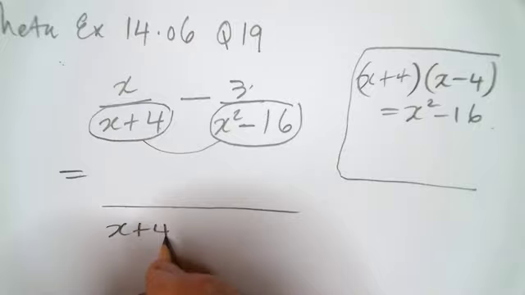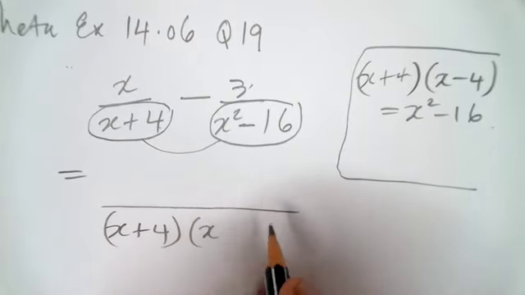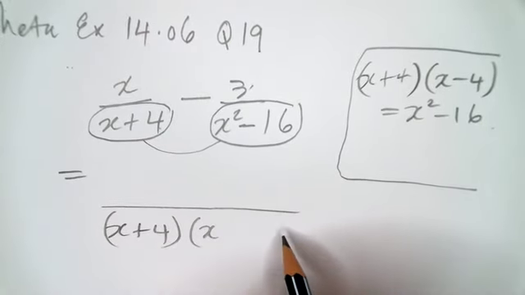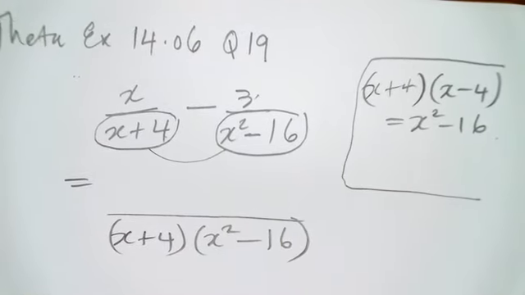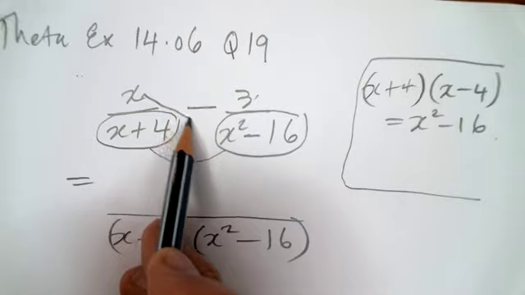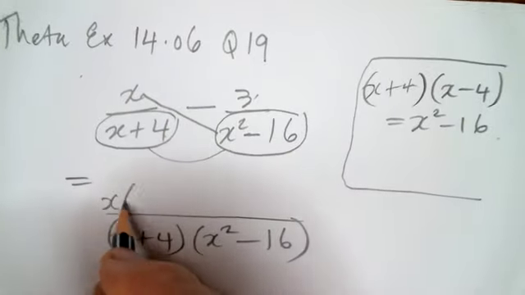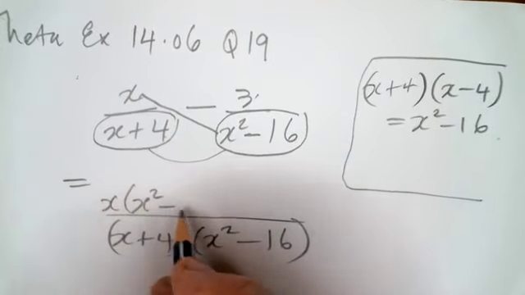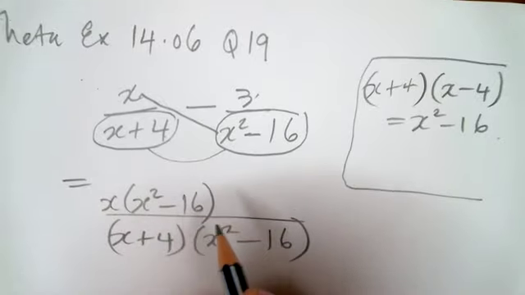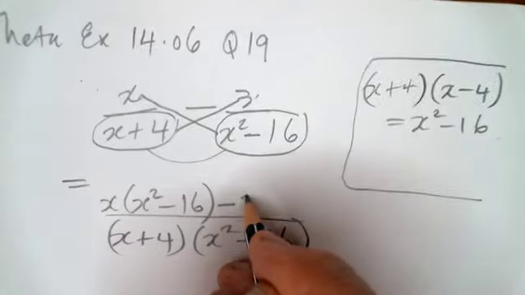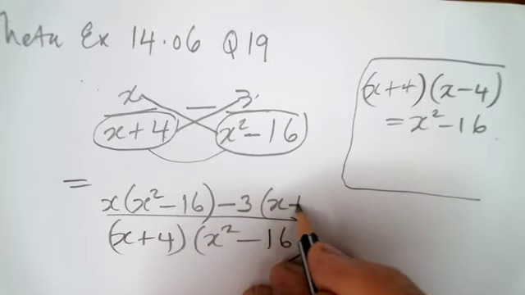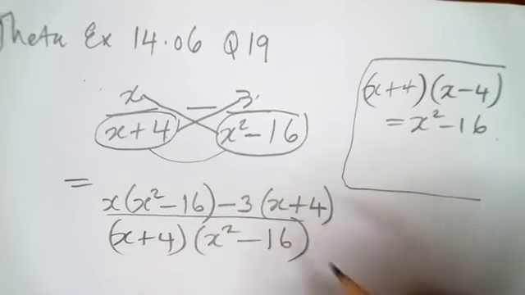Now, you could expand them, of course, because this is x plus 4, x minus 4, but I'm not going to bother with that just for now. So x times this is going to be x lots of x squared minus 16, and we've got minus 3 lots of x plus 4.